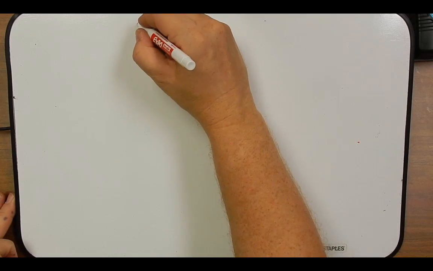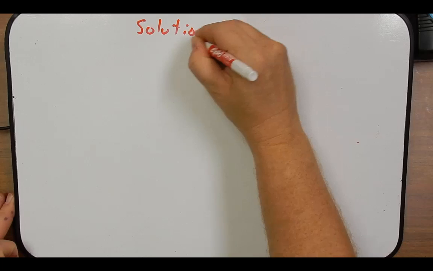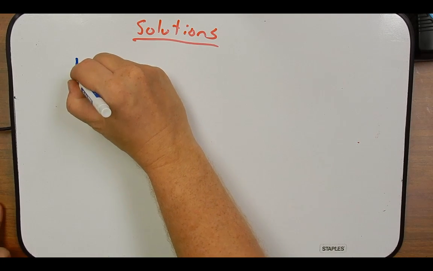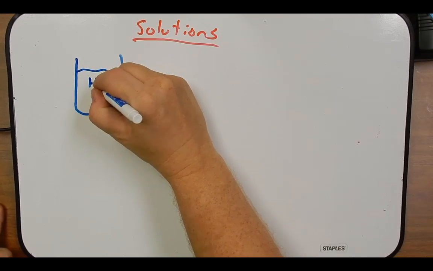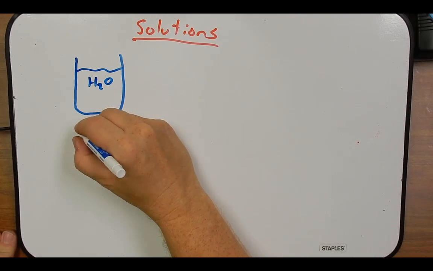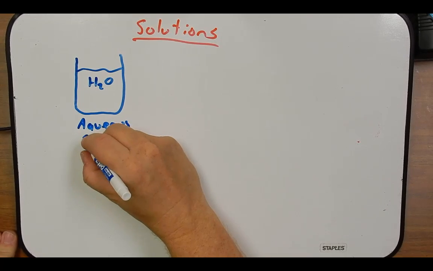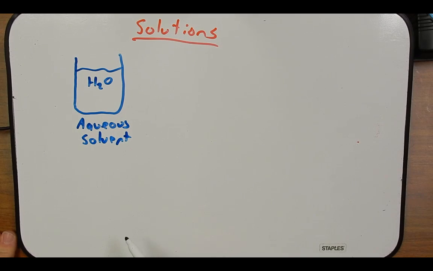The next thing I want to remind you of and bring back to your attention are some terms that we associate with solutions. If we had, say, a beaker here with water, we would call this an aqueous solvent. Solvent is the term that we use to describe the substance that material is being dissolved into.